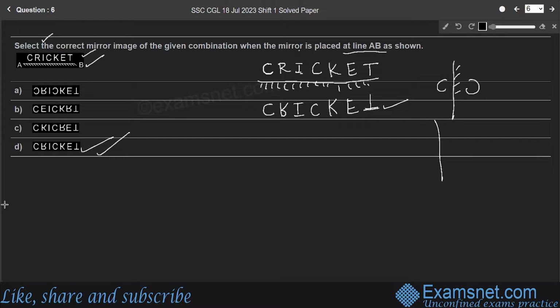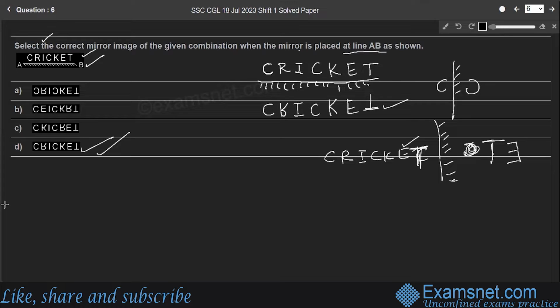If the mirror is placed vertically like this, you will get exactly the mirror image like this. If I write cricket in this order, CKET like this, you will get image of T at first. Since T is a symmetrical letter, image of T will be exactly the same as original T. Whereas E looks later, so image of E will be like this.